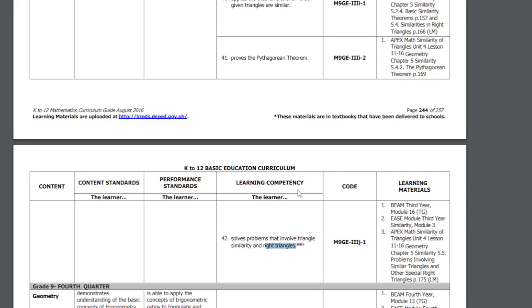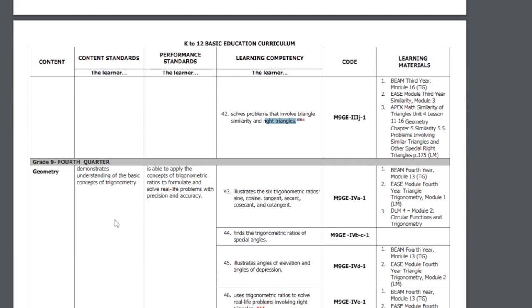Now for the fourth and final quarter, we are going to dive into trigonometric functions. I mean, trigonometry basically. So we're going to illustrate the six trigonometric ratios: sine, cosine, tangent, secant, cosecant, and cotangent. I'm going to have an insightful video for this because there's a reason why it's called a tangent. There's a reason why it's called a sine.